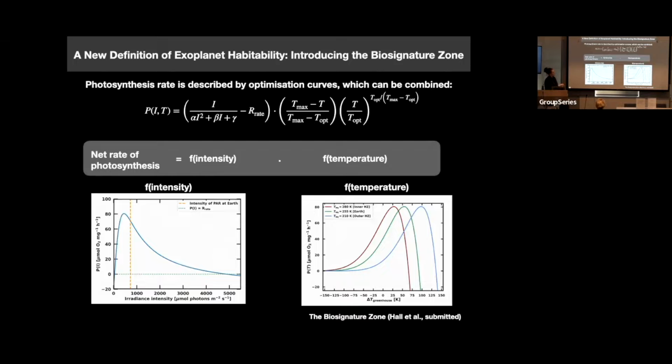That's how much oxygen is being produced as a rate. It's basically a function. If you say, okay, I've got unlimited water, I've got unlimited carbon dioxide, which is not unreasonable if you're in the ocean and you have a secondary atmosphere, then you're only limited by your intensity and your temperature.